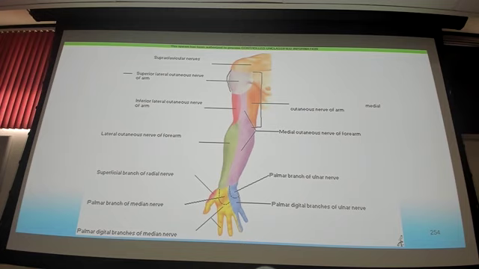Yes, superior on the arm, laterally. They're named for where they're at. Not all of them are as easy, but there's also the inferior lateral cutaneous nerve of the arm. The reason you don't want to mix them up is that now, instead of superior, we have the lateral cutaneous nerve of the forearm, and the medial cutaneous nerve of the forearm.